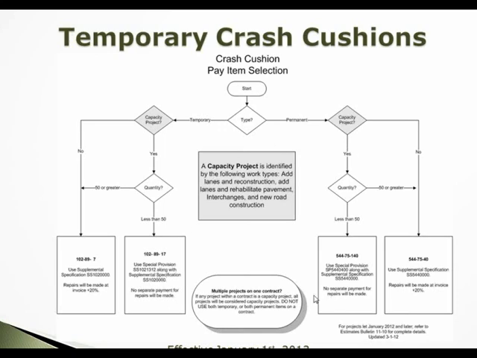The same method applies for the permanent. If you have two projects that are strung together, you're going to be either less than 50 or more than 50. You can't have both.